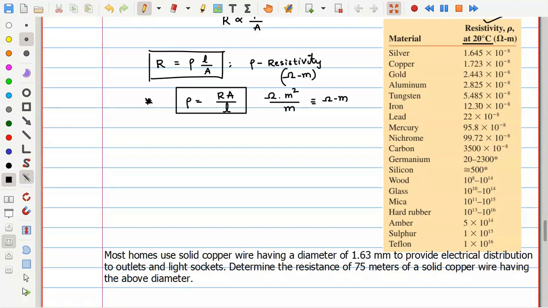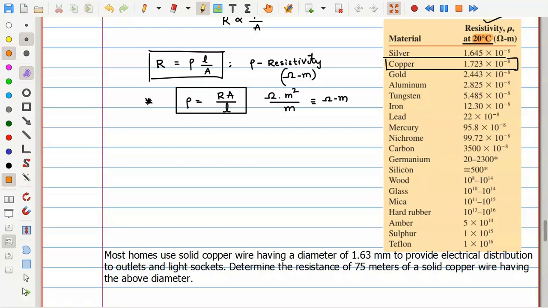Just this information will be given when a question is given, so you need not worry about how to get these values. Resistivity for different materials is specified in this way. But understand one more important point: these values are valid only at this temperature. If temperature is different, these resistivity values vary. Clear?